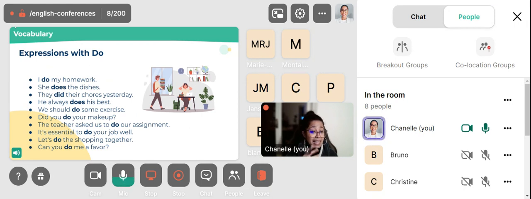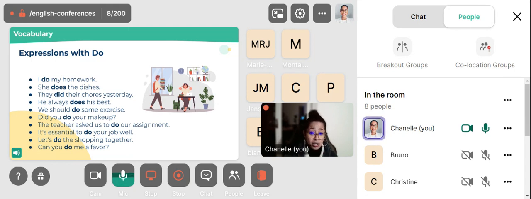So, as I said, some of the expressions we use with do are I do my homework, she does the dishes, they did their chores yesterday, he always does his best, we should do some exercise, did you do your makeup? The teacher asked us to do our assignment.